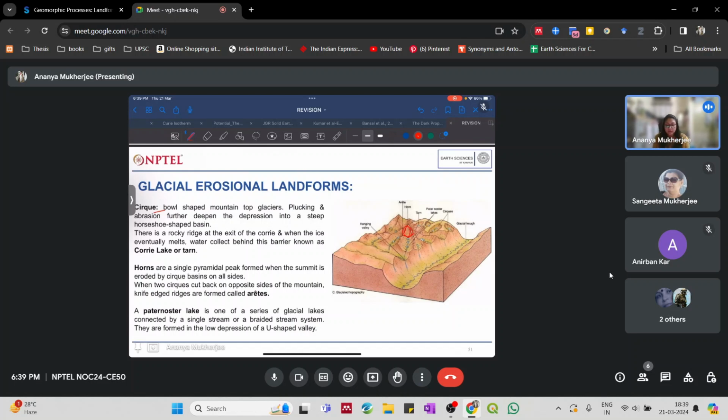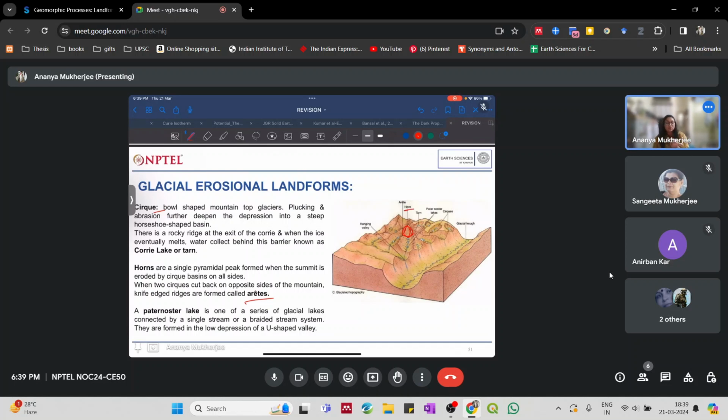The boundary between two cirques is called an arete. If there are three cirques eroding the mountain backwards, then what they form is a horn, which is like a pyramid kind of structure.